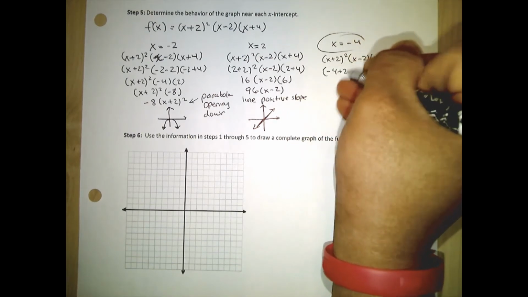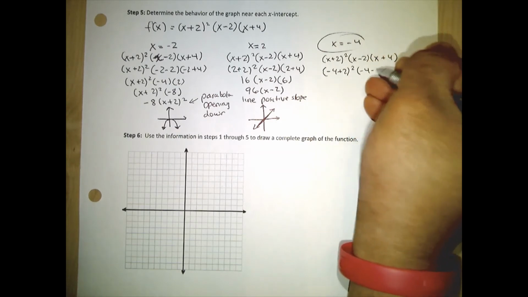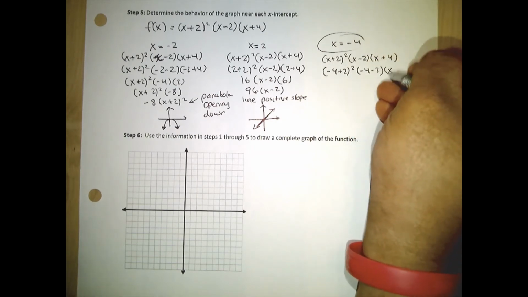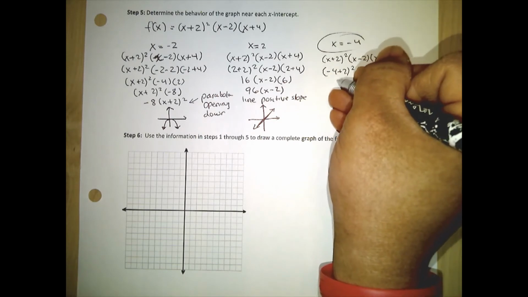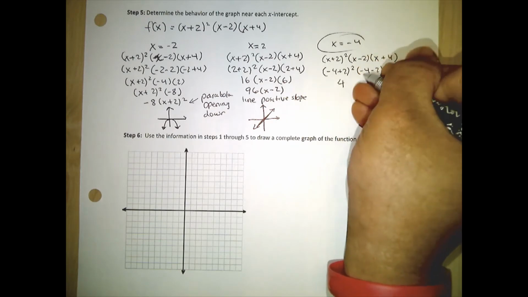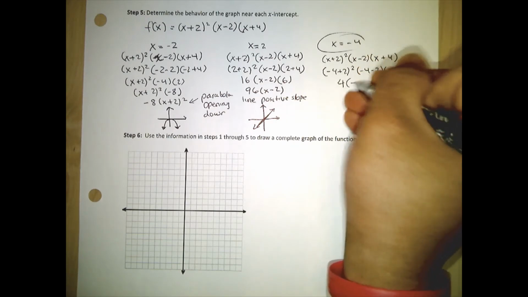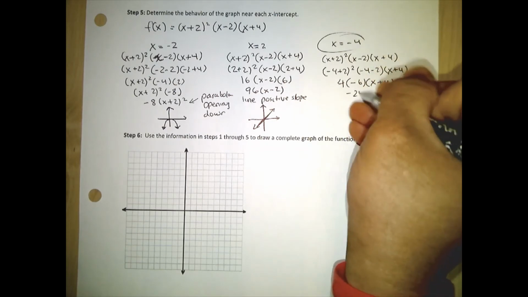Now, for (x + 2)², (x − 2), (x + 4), if I substitute the −4, we have (−4 + 2)², (−4 − 2), (x + 4). We have (−2)², which is 4. −4 − 2 is −6. Then 4 times −6 is −24.